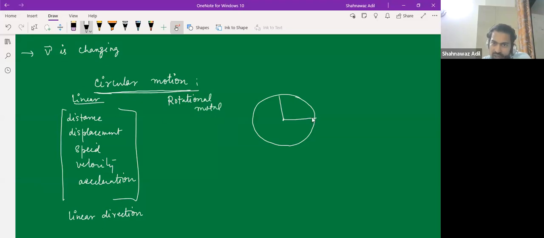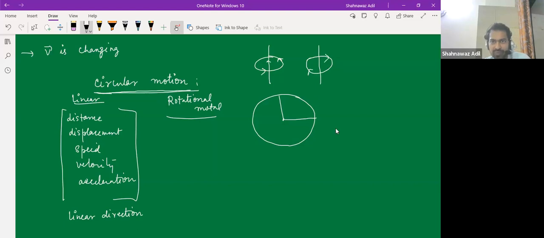The body is moving with some axis. So let's say this is some axis of rotation, and the object is moving like this.